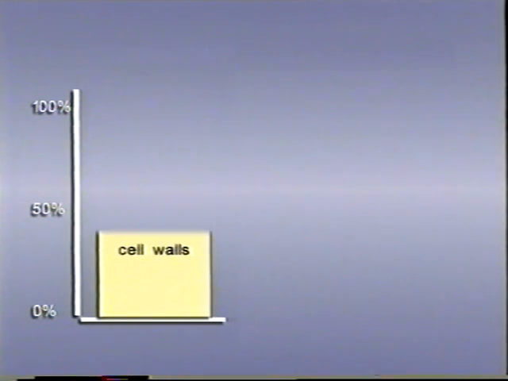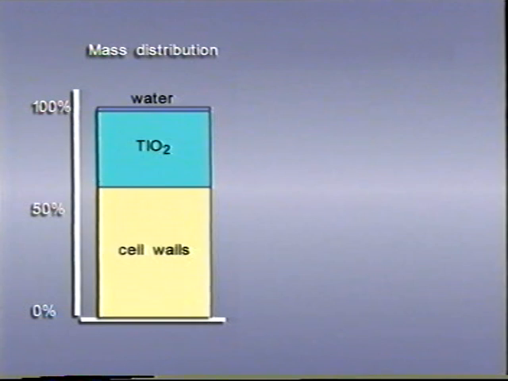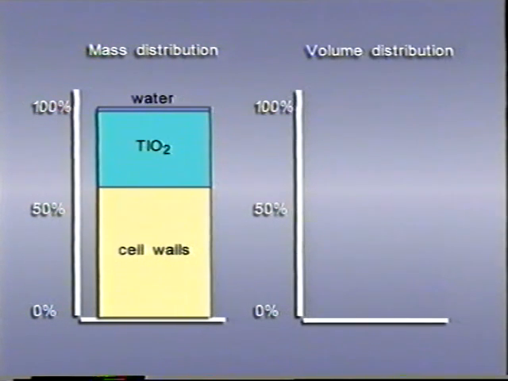A white decor paper contains cellulose, water, and titanium dioxide as pigment. The weight distribution is as follows: 59% cellulose, 39% titanium dioxide pigment, 2% water, and a marginal amount of additives.